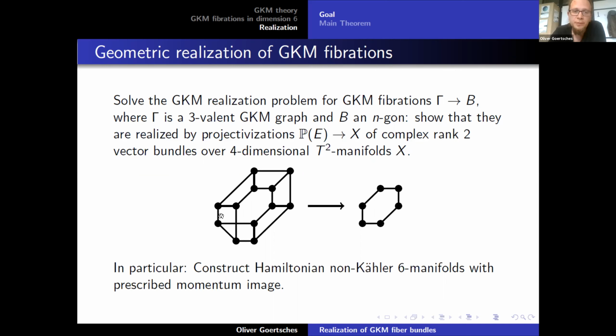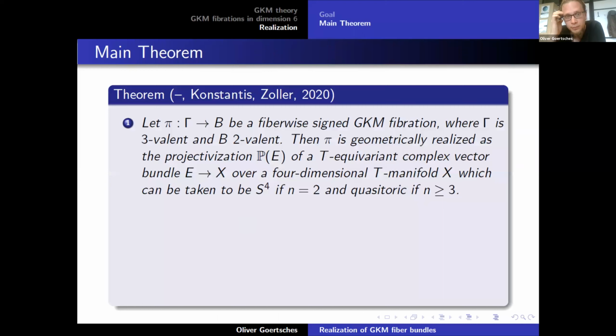So I want to just draw this picture and then say there exists a Hamiltonian manifold which has exactly this momentum image. Okay, and this is precisely what our theorem does. We start with a GKM fibration, which has one more adjective here, which I explain in a minute. And then it's geometrically realized as the projectivization of such a vector bundle.